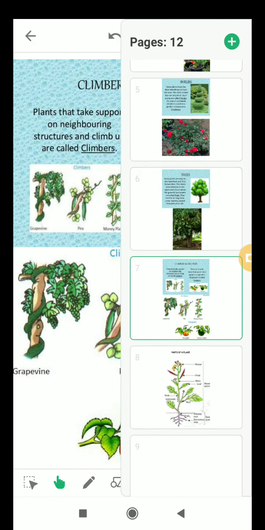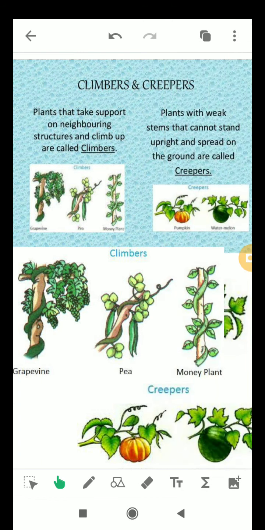Next we have climbers and creepers. While walking around the park or somewhere near your home, do you find some plants with weak stems?